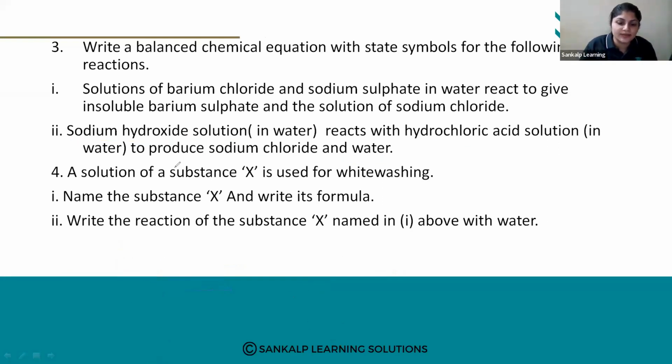Next question is, a solution of a substance X is used for whitewashing. So which is the substance which is used for whitewashing? Whitewashing means before paints for the walls. When the building is newly constructed, before painting the walls, they give you whitewash for the walls.